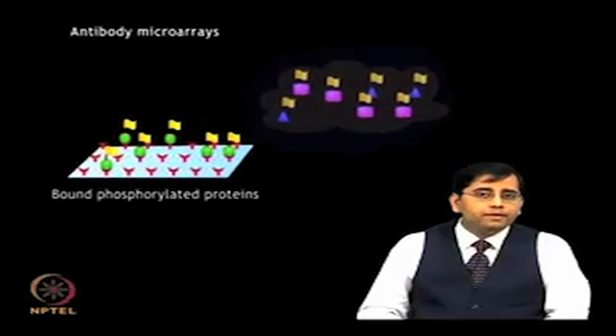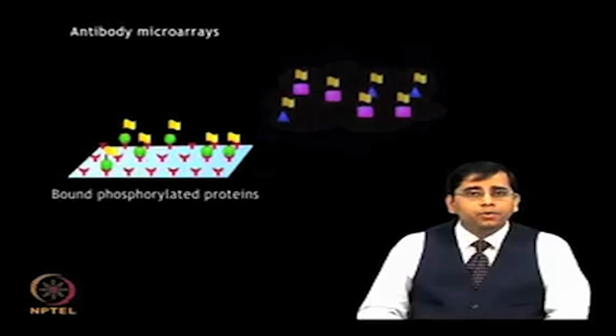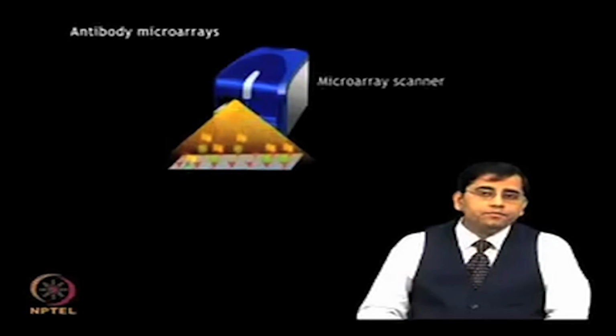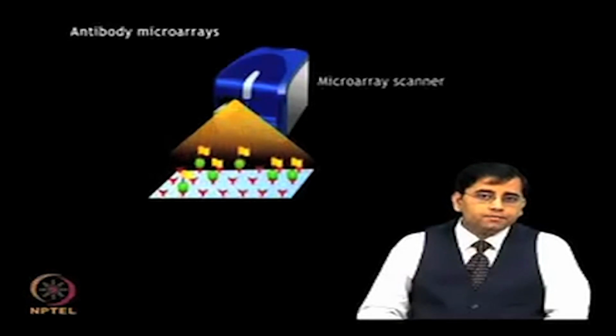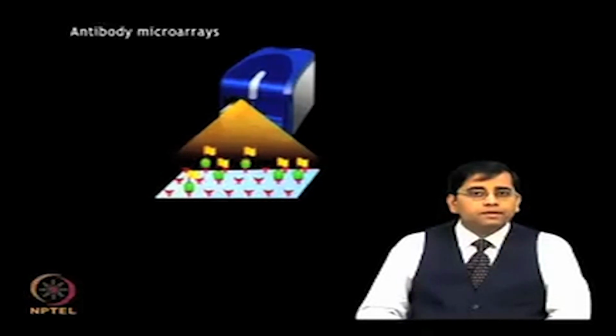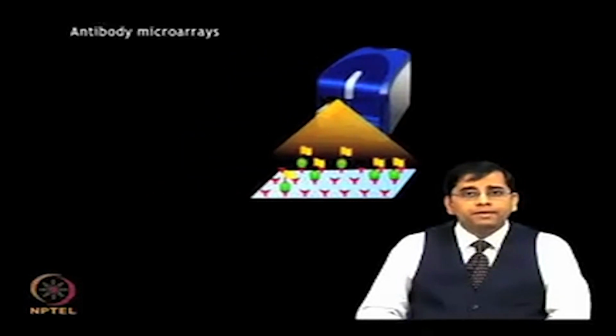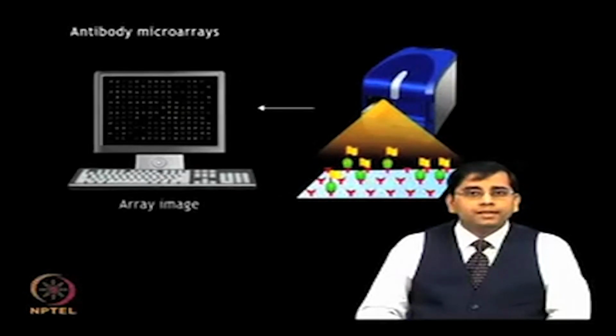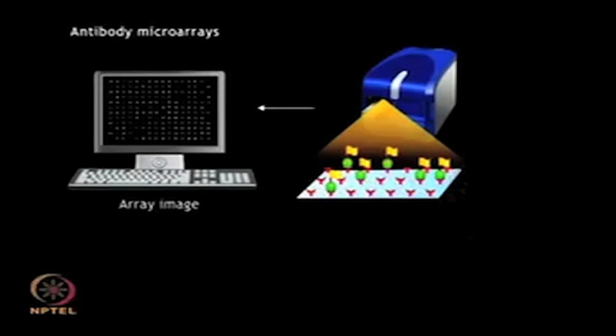This is followed by scanning of the array using a microarray scanner at a suitable wavelength to detect the fluorescent tag of bound proteins. This method offers sensitive and simultaneous detection of a large number of post-translationally modified proteins.